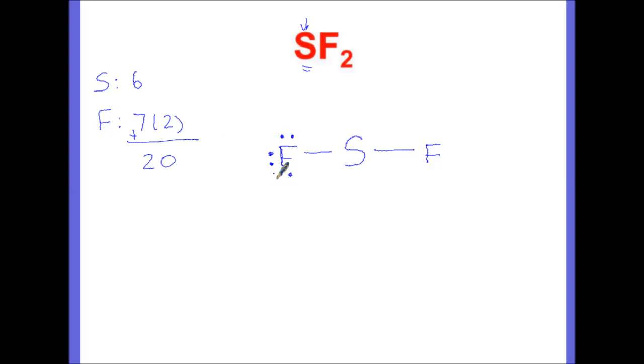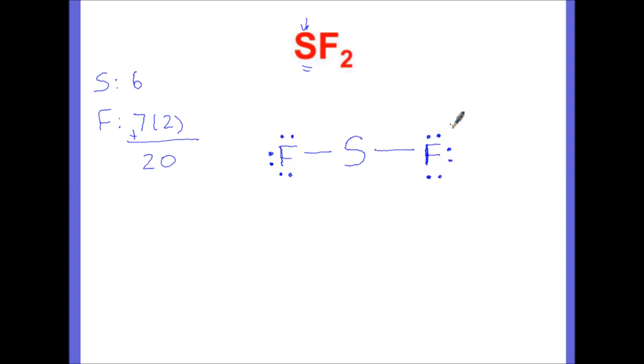We're going to make sure we have 6 valence electrons around this fluorine right here. Now let's check the other fluorine. Since it's symmetrical, we're just going to add 6 valence electrons to this. So we put in our 6 valence electrons. So we say, okay, 2, 4, 6, 8, 10, 12, 14, 16.